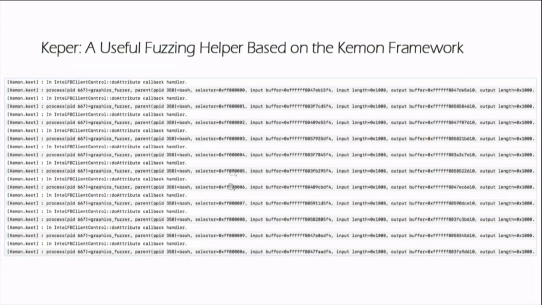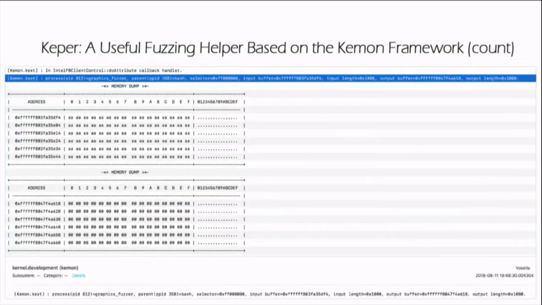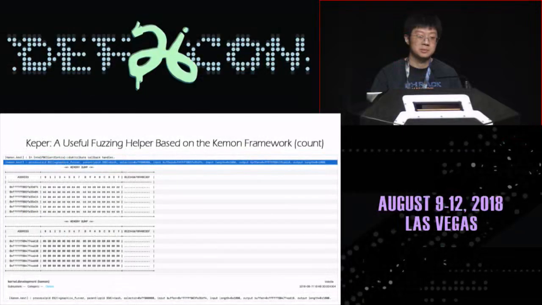The selector is random, and the input data is also random. This figure shows that the input data is random data, and I can do bit flipping here. Actually, I also implemented another tool, also a project for monitoring IPC communication.